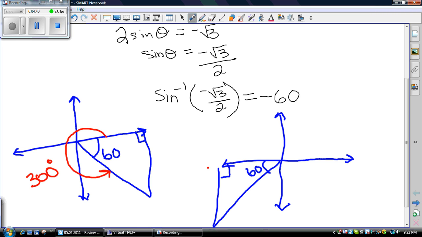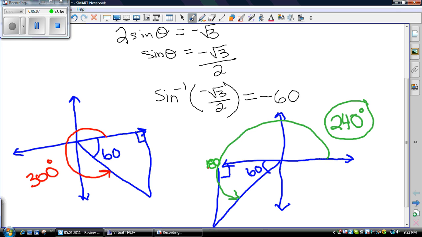And then you want to find what angle measurement gets me from here all the way down to this side over here. And that's going to be 180 degrees plus the 60 more that you have to go this way. And 180 plus 60 is 240. 240 and 300. And that's the long way of doing this problem.